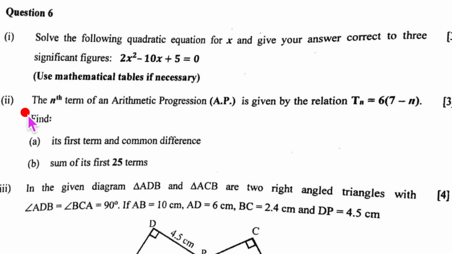Question 6, second part. The nth term of an arithmetic progression, that is AP, is given by the relation Tn is equal to 6 into bracket 7 minus n. Find A, the first term and the common difference, and B, the sum of its first 25 terms.